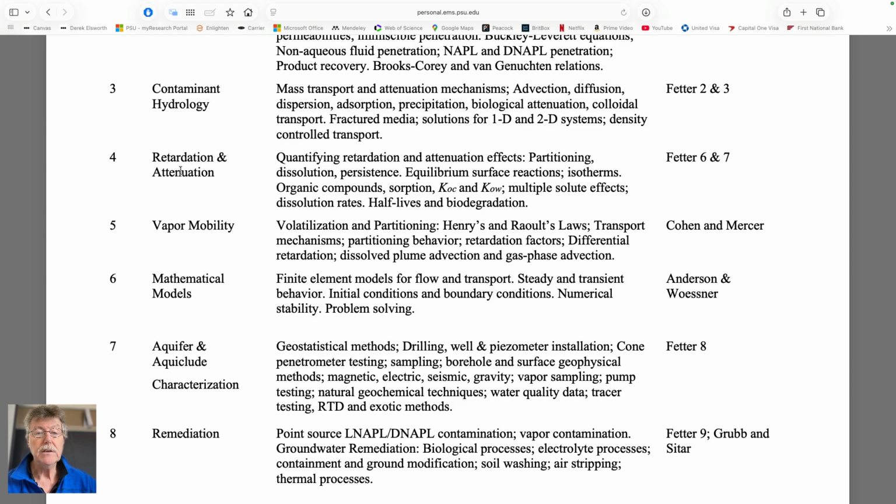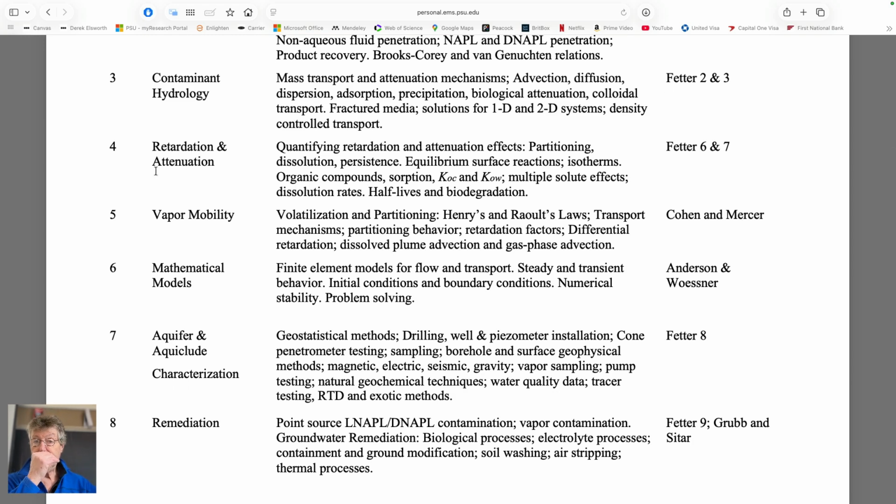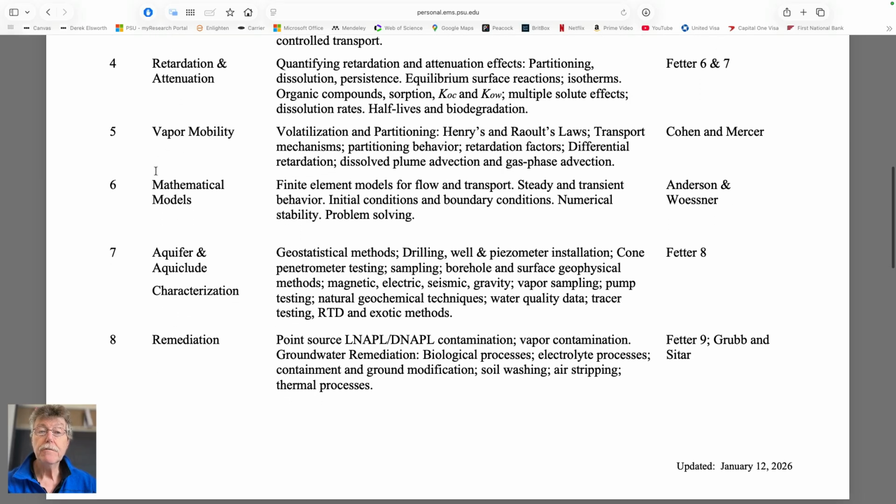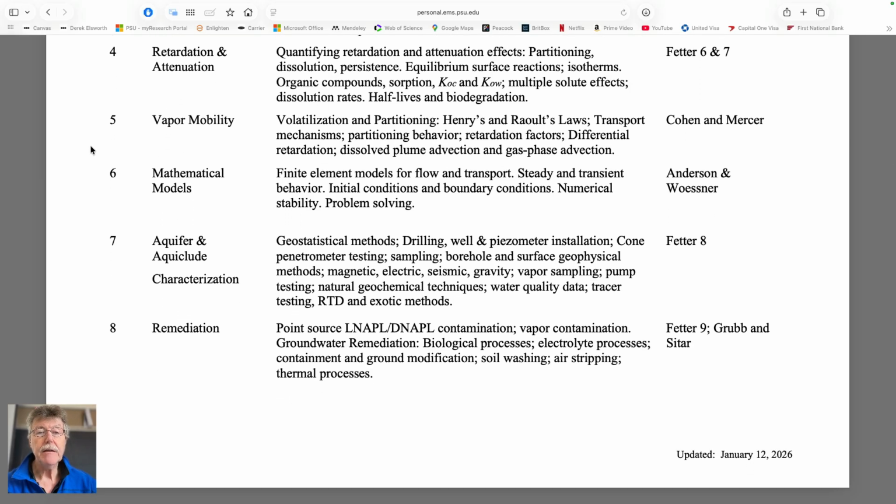We realized that not all solutes are conservative. Salt ions, and sodium and chloride and bromine are conservative, but many dissolved solvents are not, and they can be both retarded in how quickly they go down gradient and attenuated in the magnitude of the concentration as they go down gradient.